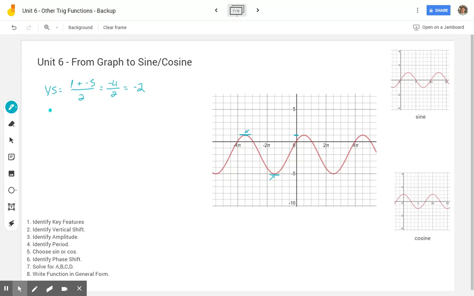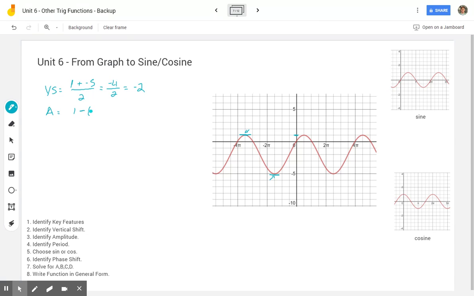The next vertical transformation is going to be our amplitude. Our amplitude is found by taking the maximum, which in this case we found as being 1, the y value for the max, and we're going to subtract from it our vertical shift.